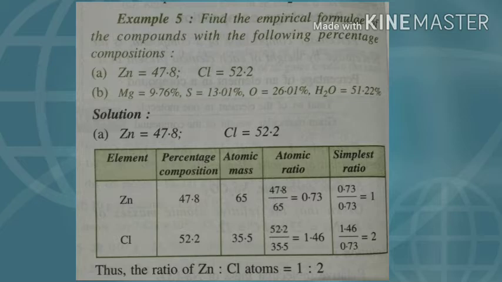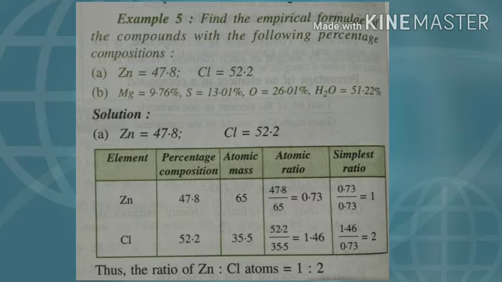And you know that the empirical formula is the smallest formula or the simplest formula which gives the ratio of atoms of each element present in that compound.